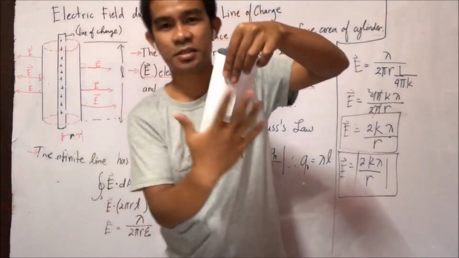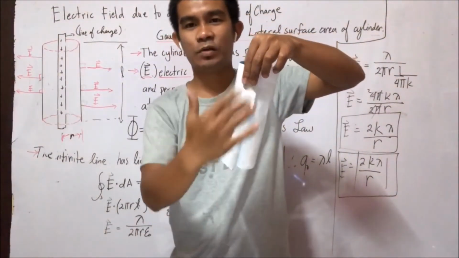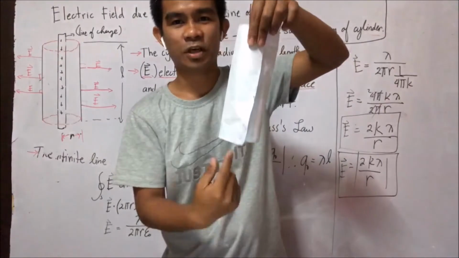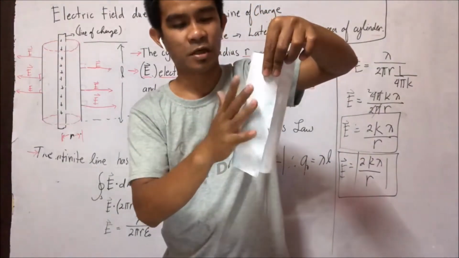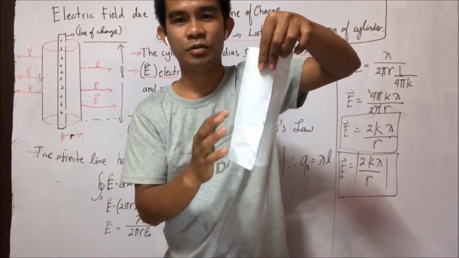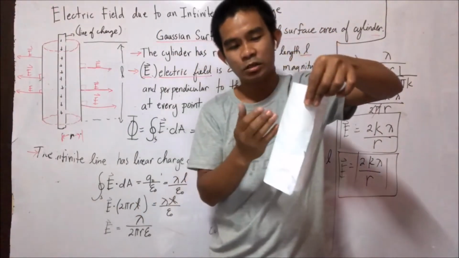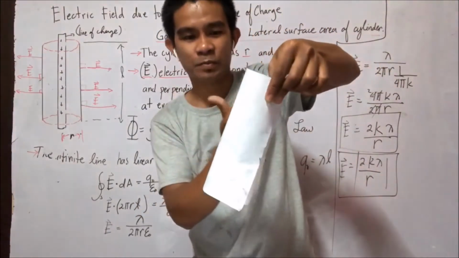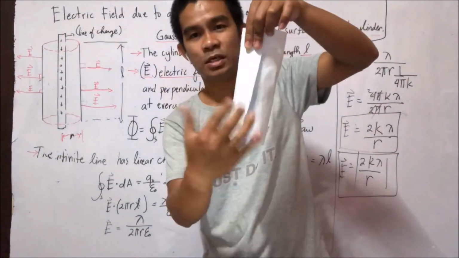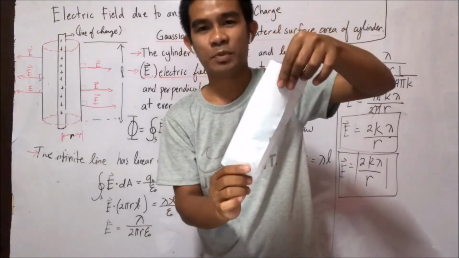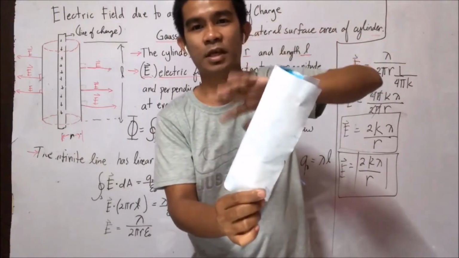All points on the curve are equidistant from the line of charge, and all points along the curved part can feel the same magnitude of electric field, and all electric field lines that penetrate every point of the Gaussian surface are perpendicular to the surface area.